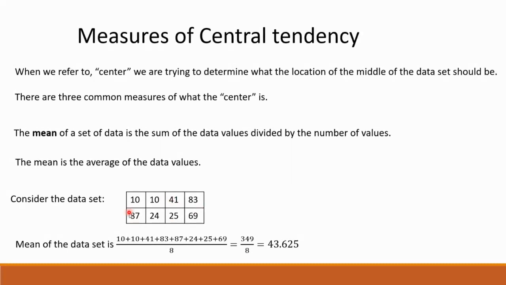We're adding them up to get the mean, and dividing by the number of data values, which is here. Doing that, we get this. That's what the mean is. So that's one way of thinking about the center. The mean is just like an average.